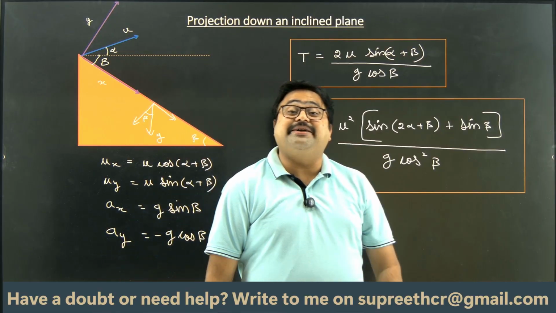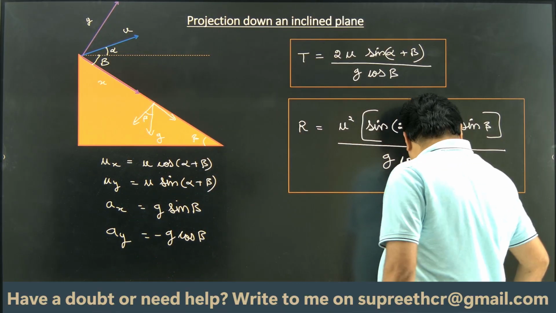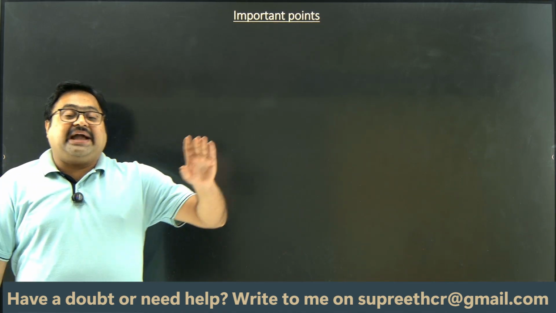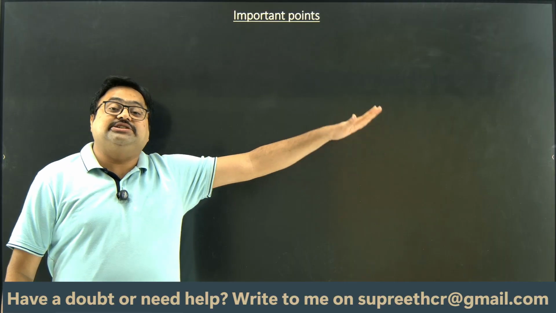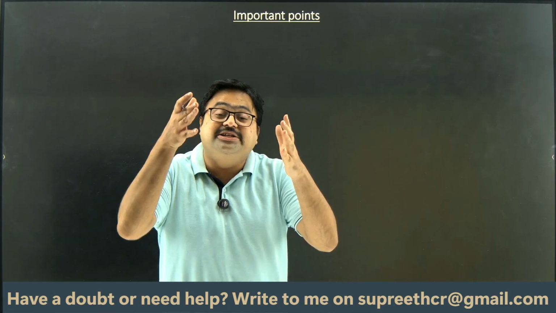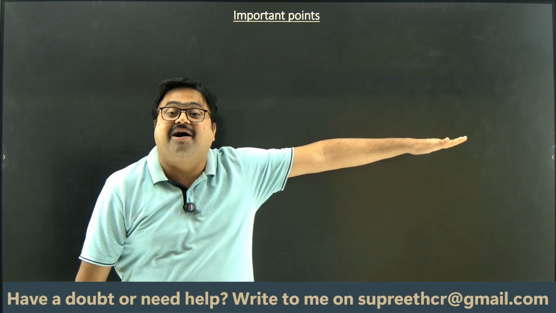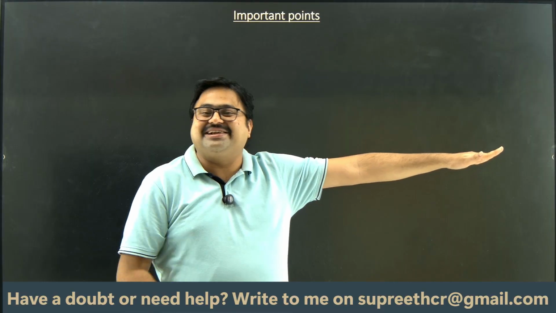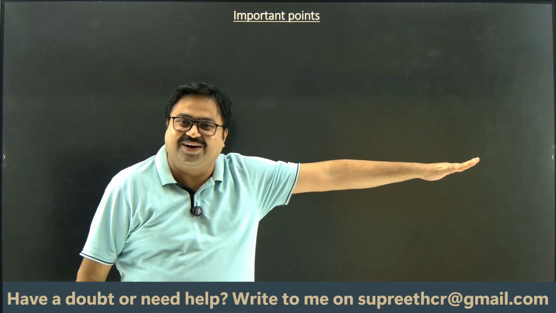Let's look at the most important points of this lecture. I have one little thing to tell you. The acceleration along the horizontal is always zero. The Earth's gravity pulls everything down. There is no component of that force in the horizontal. If there is no force, there is no acceleration. If there is no acceleration, there is no change in velocity along the horizontal.